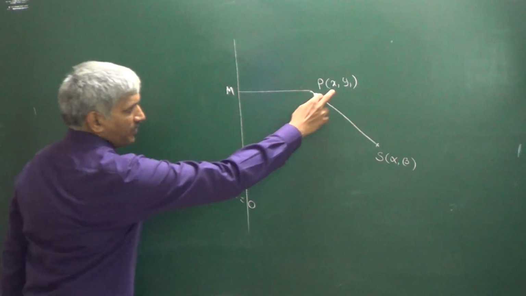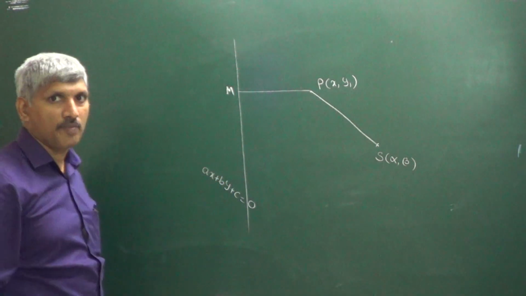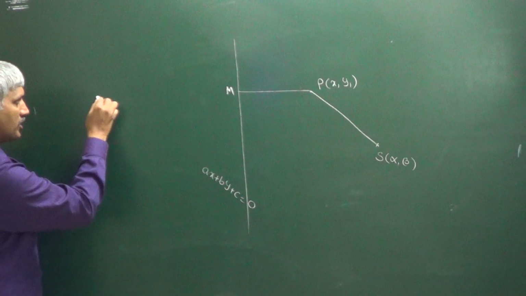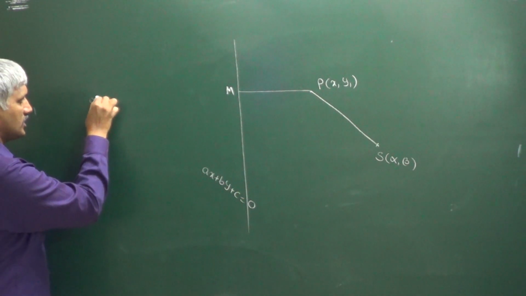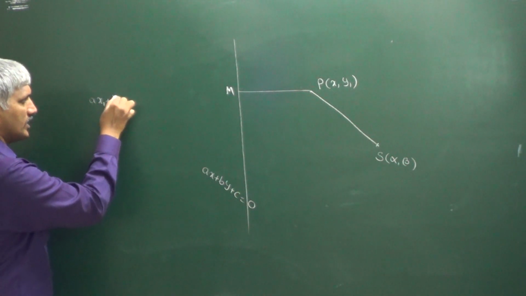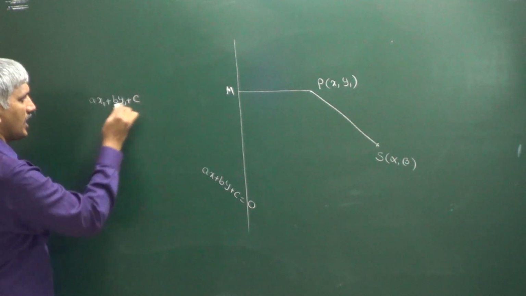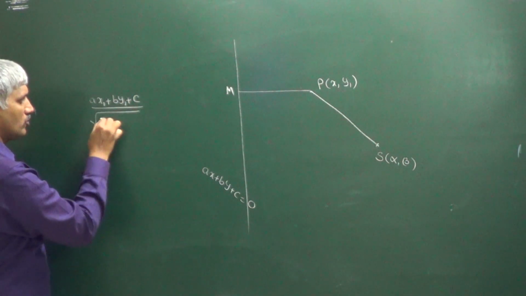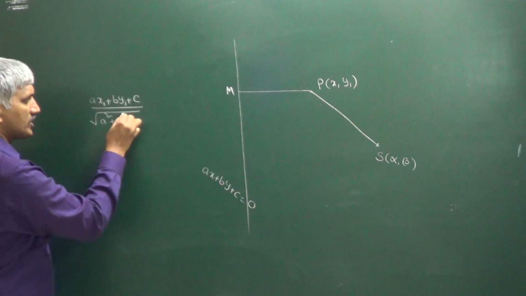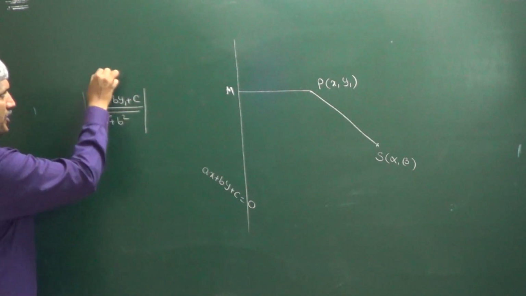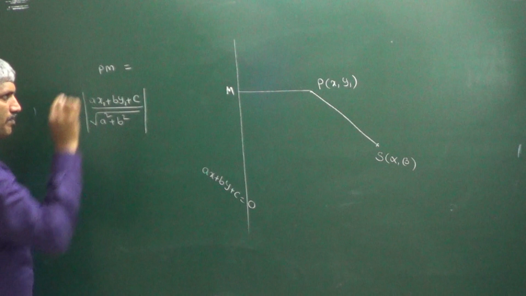From a point P(x1, y1) onto this line, you know the perpendicular distance. Tell me what is the perpendicular distance? The perpendicular distance is given by (ax1 + by1 + c) divided by the square root of a square plus b square. That is the perpendicular distance which we are calling PM.